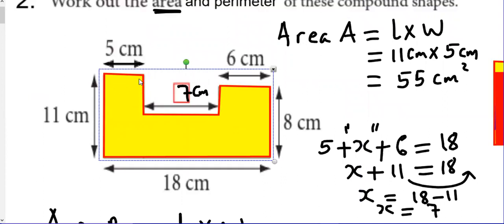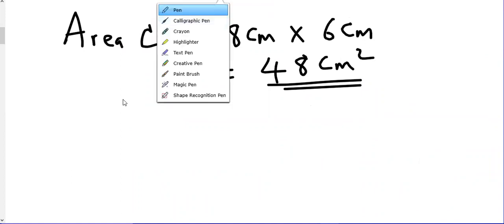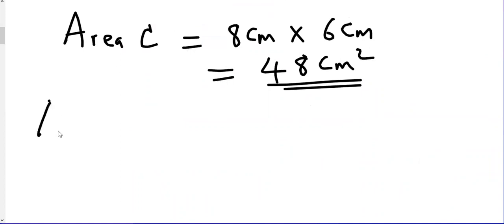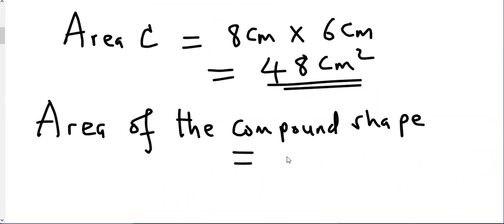So here you write: area of the compound shape equals area A plus area B plus area C. This is the conclusion. That will be now your final answer.